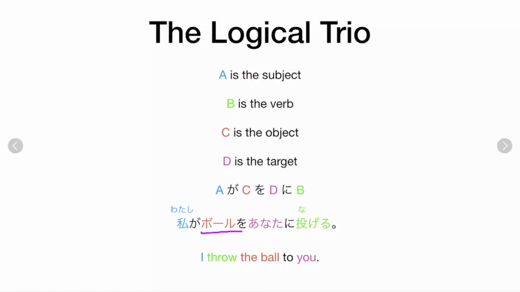This is ball. So, the action throw is done to the ball. Anata ni, this is the target, which means the action throw is done towards the target, which in this case is anata, so you, right? Watashi ga boru o anata ni nageru. I throw the ball to you.